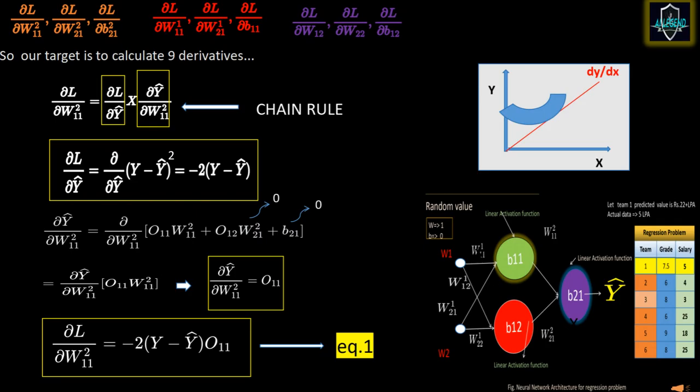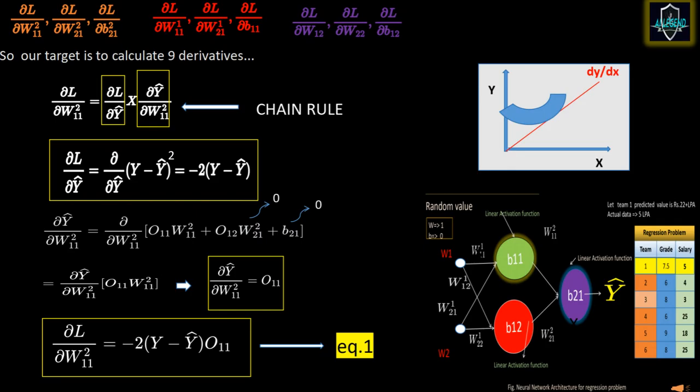If we make some changes in W211, then our y hat will change, and when y hat changes, some changes also reflect on the loss, right? You can't directly find ∂L until you find ∂L/∂y hat, multiplied by ∂y hat/∂W211.